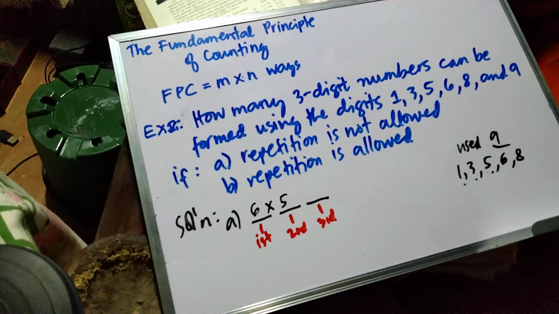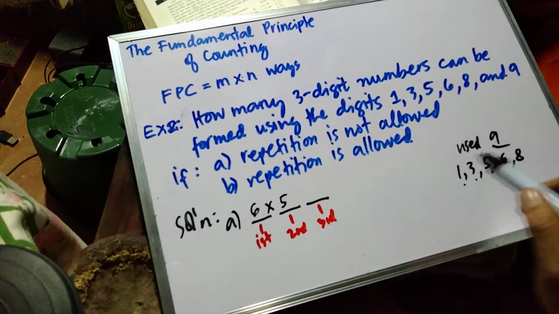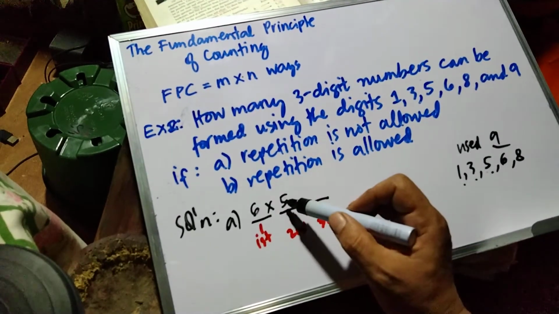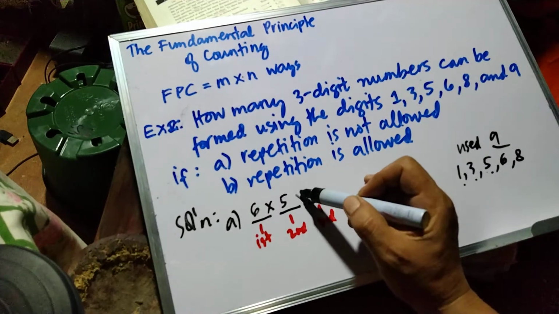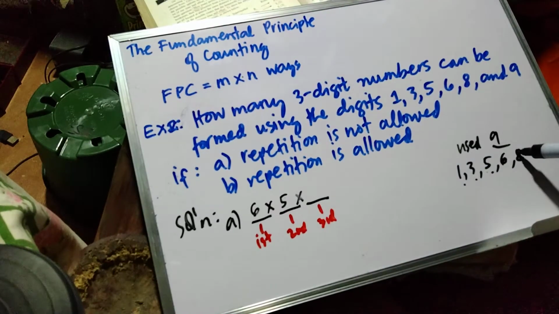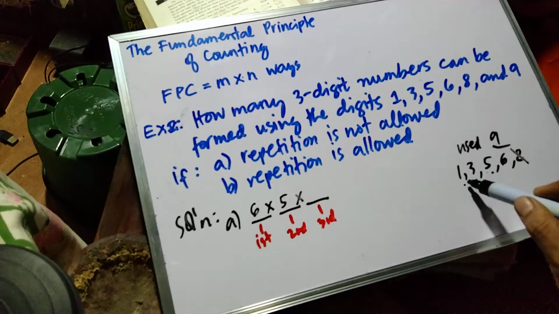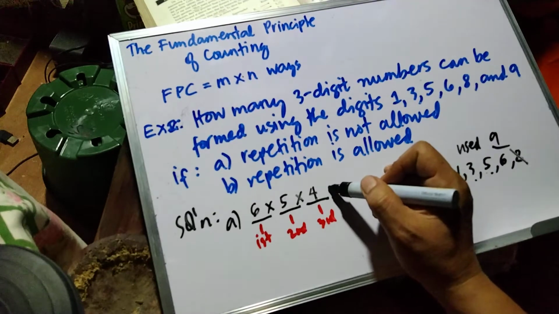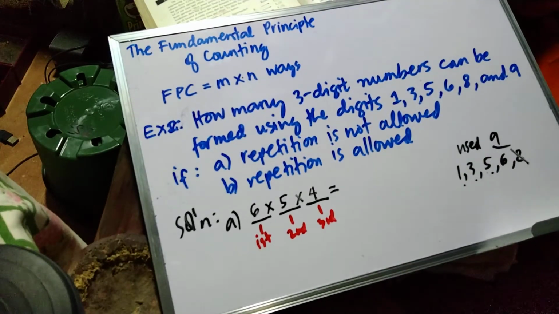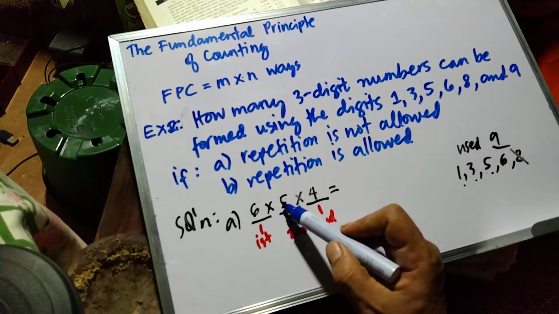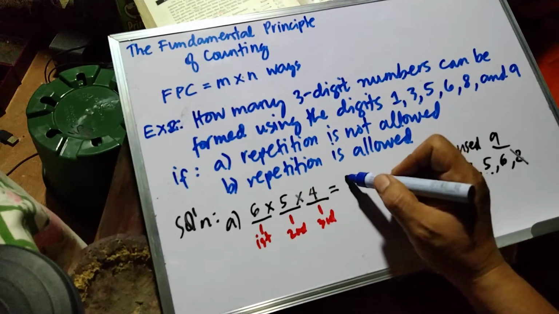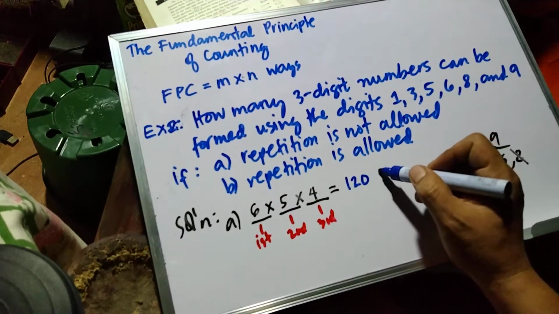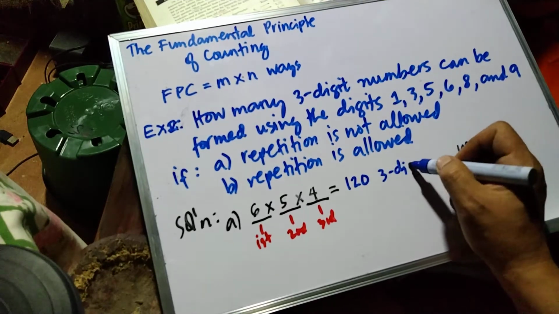Now we knew already that we have only 5 choices for the second digit. Okay. So, suppose we used 8. For the third digit, how many are left? You have 1, 2, 3, 4. So you have 4. So that is equal to 6 times 5, 30, times 4, we have 120 3-digit numbers.